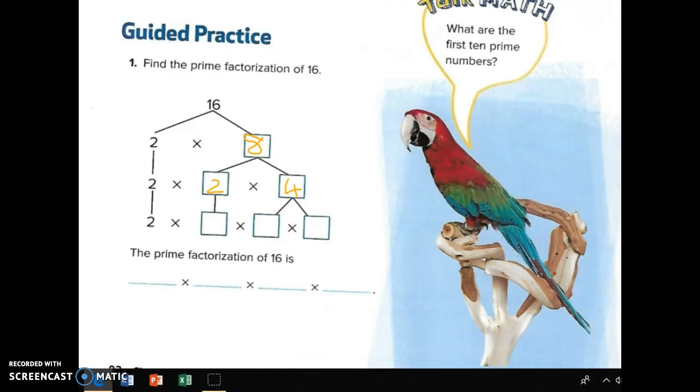You're nearly there. Well done. 2 times 2 equals 4. So, the prime factorization of 16 is 2 times 2 times 2 times 2. Well done, Mabruk. You know how to do factorization now.